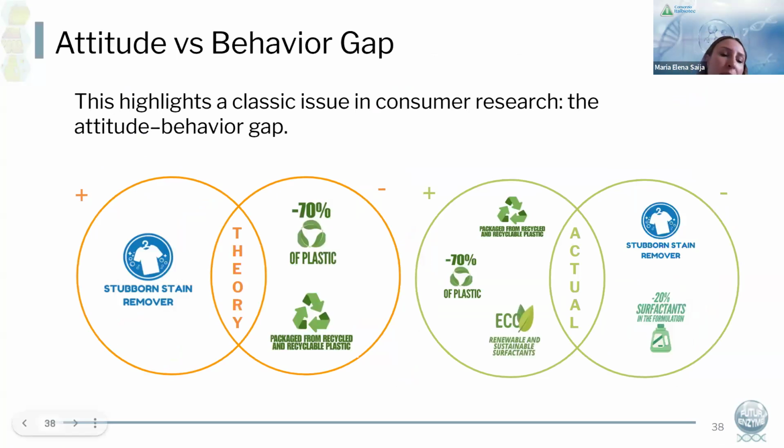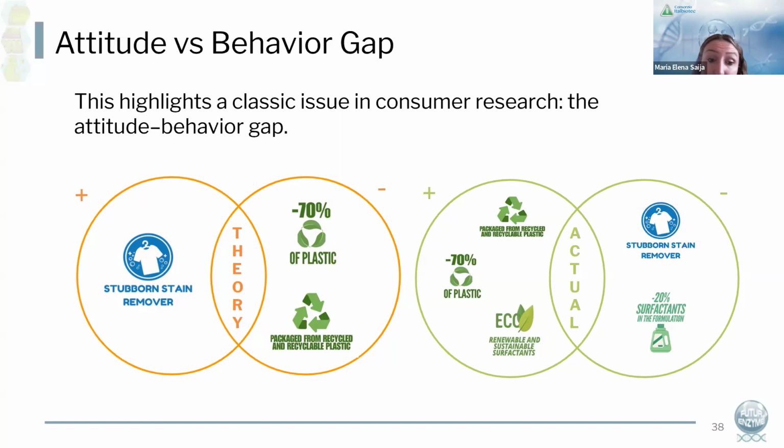Okay. Interestingly, when we asked our sample directly what the most important characteristics are when they decide to choose and buy a detergent, the results showed that they say the priority for them is the product performance.